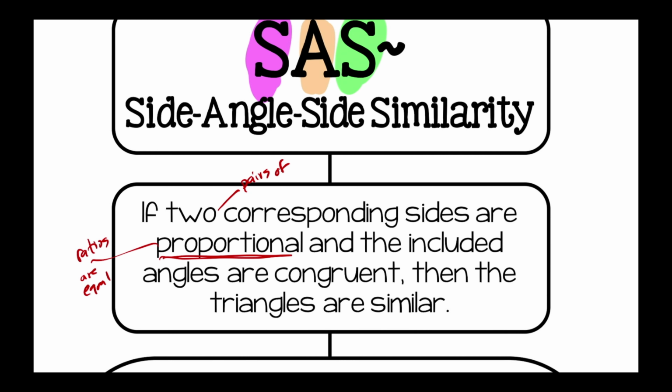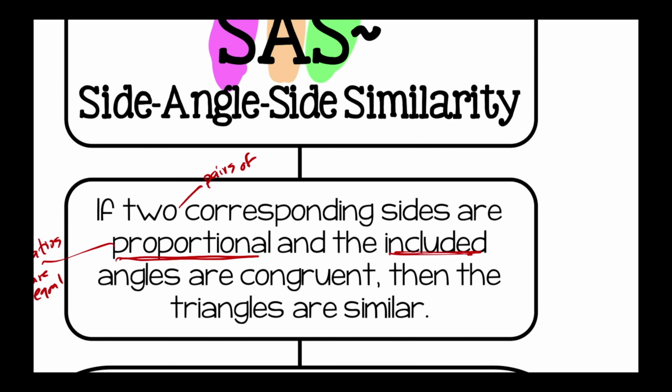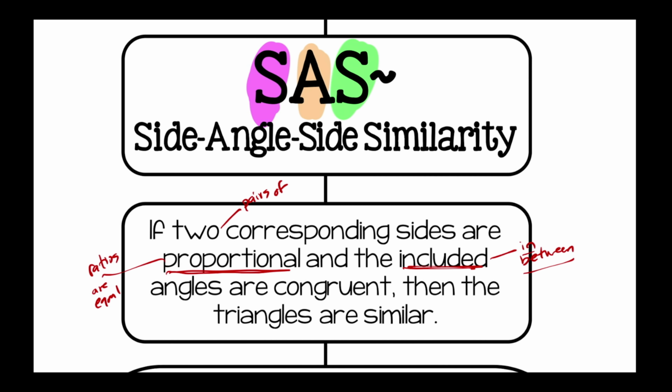So this time you only have to find 2 pairs of sides. And the included just means between. In between. If the included angles are congruent, then the triangles are similar. So in order to do this, you got to find 2 sides and the angle in between it. Okay, I'll give you a second to copy this.